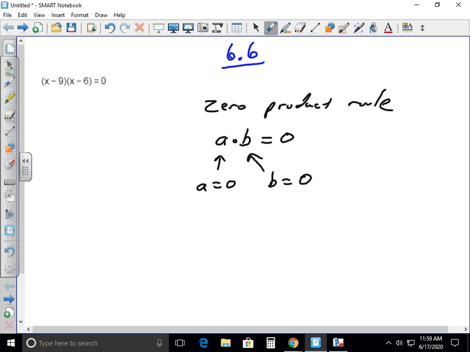If neither number is zero, you can't multiply two positive numbers together and get zero, or two negative numbers and get zero, and you can't multiply a positive times a negative and get zero. Adding, yes, but multiplying, no. The only way you can multiply two numbers and the answer is zero is if one of those numbers is zero.